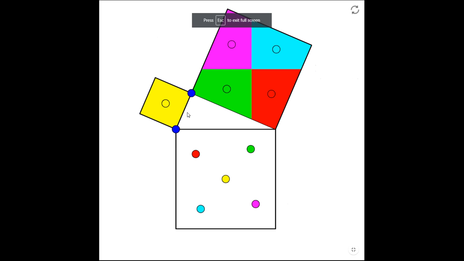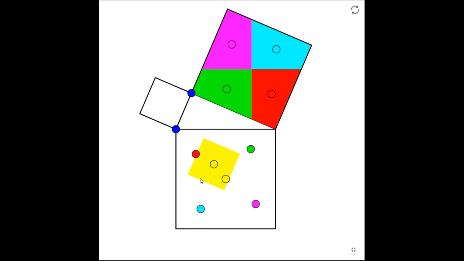So let us suppose that this is a right angled triangle. The yellow one and the multicolored square here are the legs of this right angled triangle, and the longest side is the hypotenuse. Let us see, is the sum of these areas equal to the biggest one? Let's try.